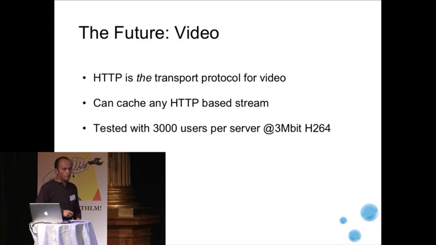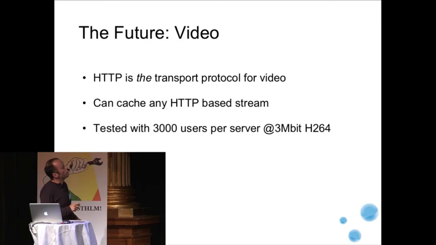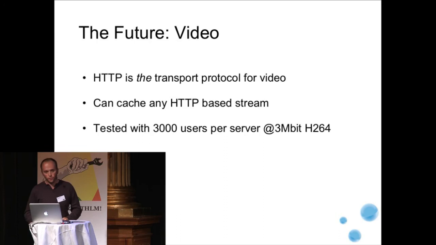So we're currently working with a big American cable company, and they're doing scalability testing. They have a back-end system running Microsoft Silverlight, or the Silverlight smooth streaming video thingy. And we were able to push 3,000 concurrent users on each server with 3 megabit H.264 streams.